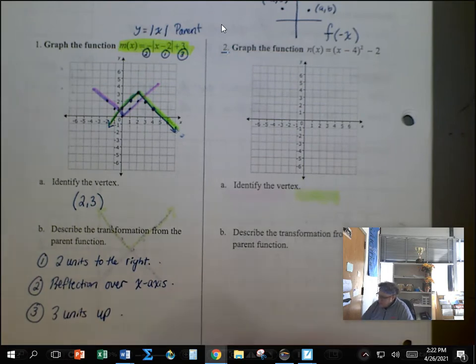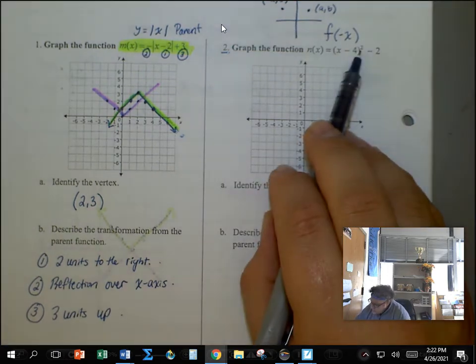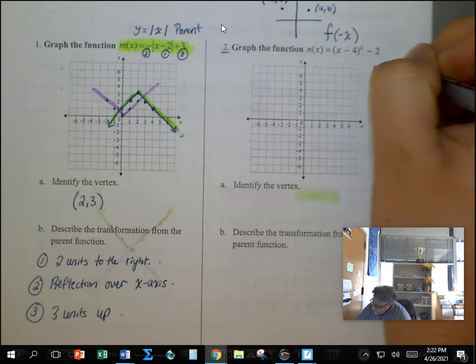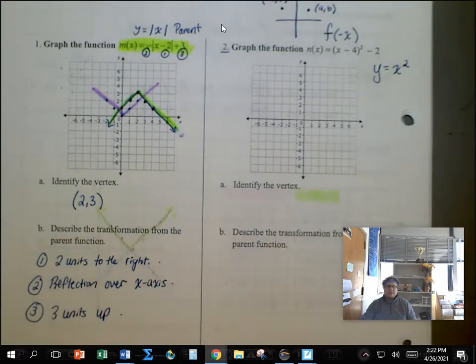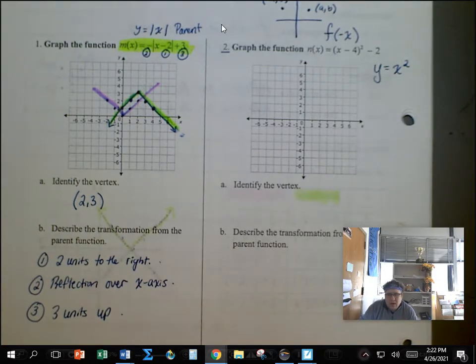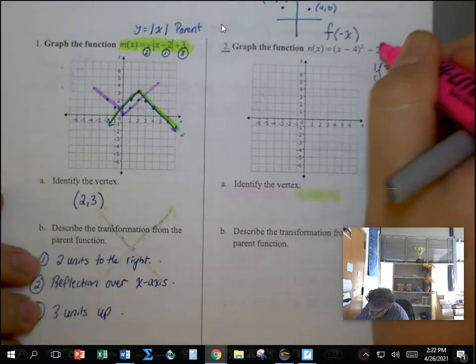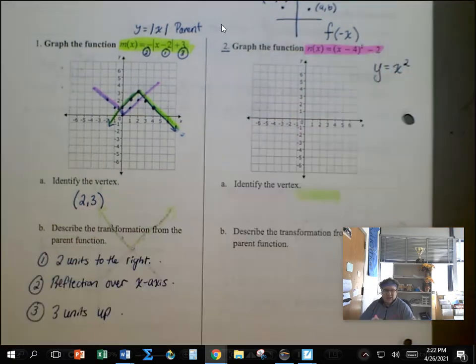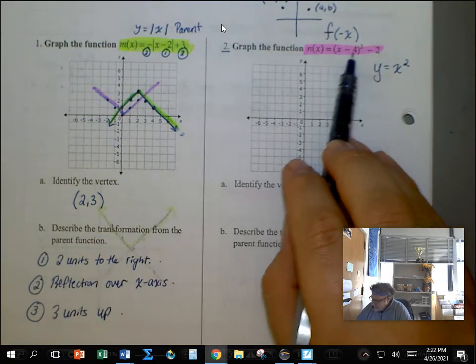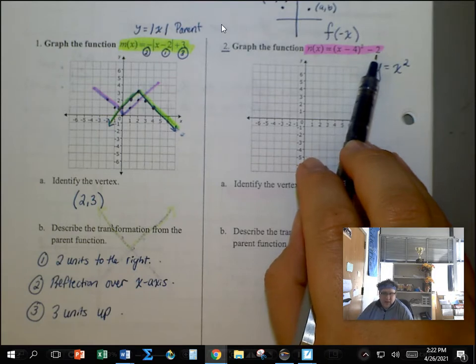Okay, number 2, we see that it has a squared to it. So we know that y equals x squared is the parent function of number 2. So I look in this function and I'm seeing an x minus 4 on the inside, and I'm seeing a minus 2 on the outside.